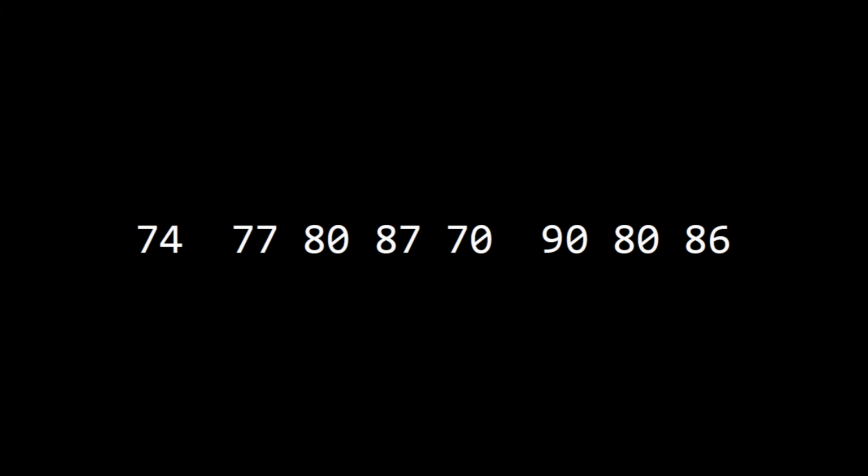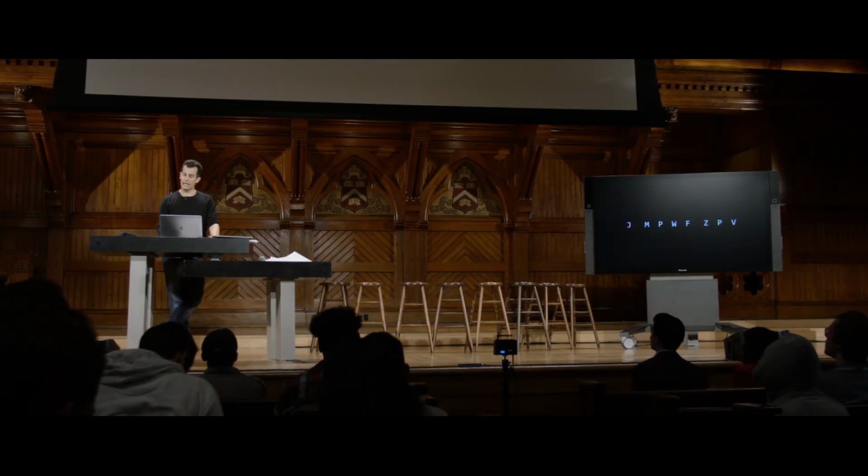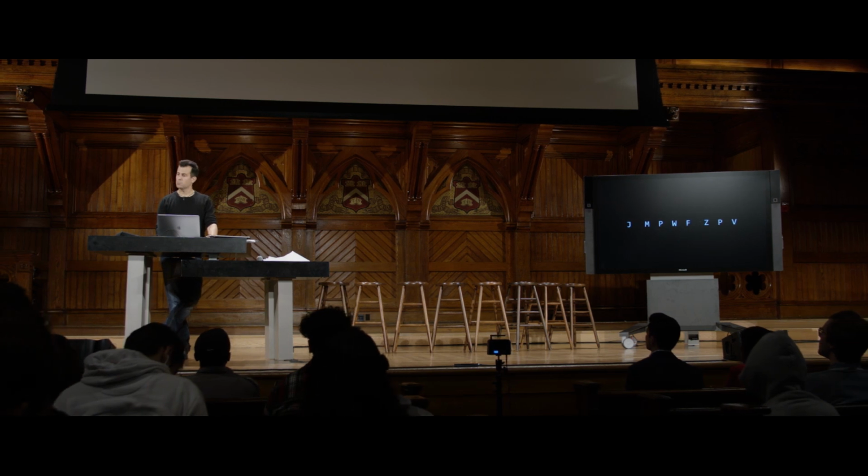Now, this could just be sent in the clear, but I could actually send it as a textual message. So let's convert it back to ASCII. 74 is now J. 77 is now M. 80 is now P. And you can perhaps see the pattern. This message was I love you. And now all of the letters are off by 1. I became J, L became M, O became P, and so forth.